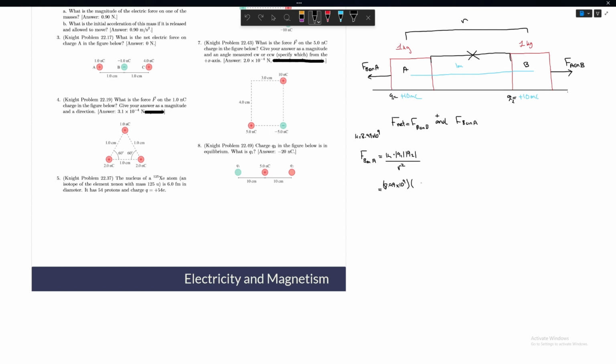And so usually that would be coulombs. This is, I believe, 10 times 10 to the negative 3. I'm not too sure about the negative 3, so do confirm that if you do end up doing the conversion. And so all this is divided by R squared, and R squared is just 1 squared, and so this actually goes away. You multiply your whole thing, you'll get the force.